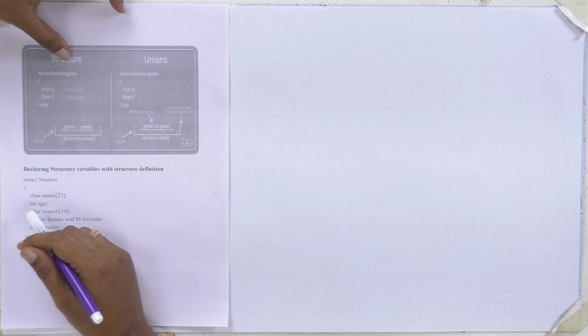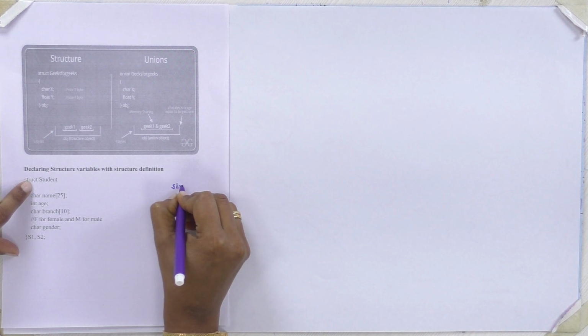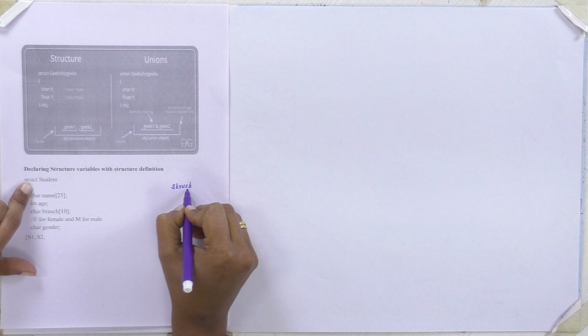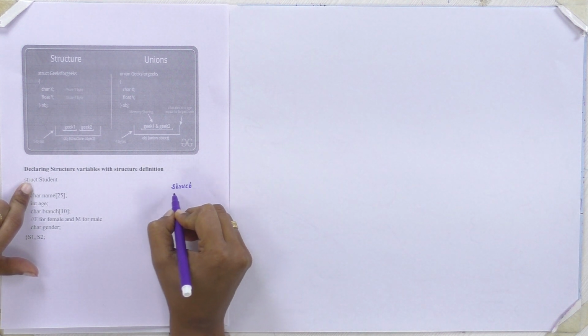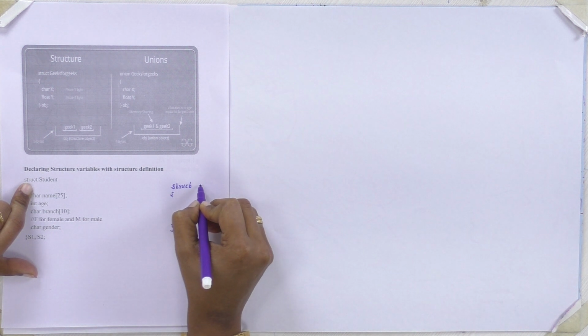So let me see how to initialize it, what memory locations we are using, and how it will access the memory. Let me explain this by using this diagram. In structure concept, we are using the keyword called struct. Struct is a keyword which instructs the compiler that this is defined in the form of a structure, and it is followed by the structure name.